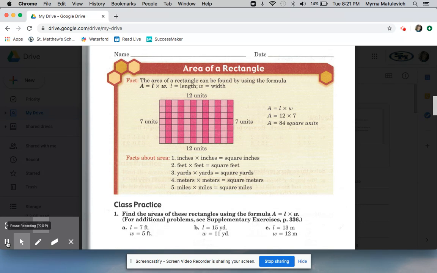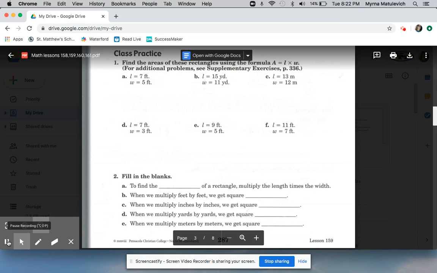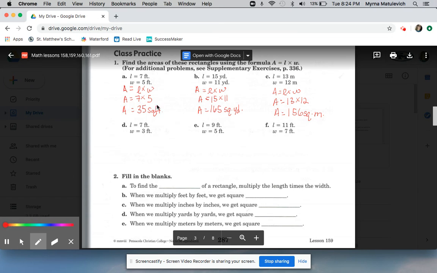Okay, so let's look at the class practice. Find the area of these rectangles using the formula area equals length times width. So look at these first three. First, I wrote the formula. Then I multiplied the units after I substituted the length and width for the variables in the formula.